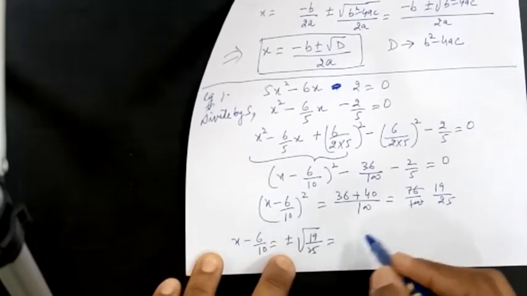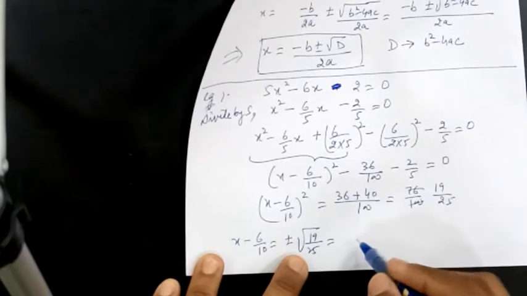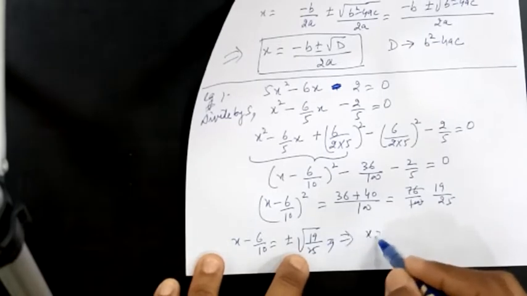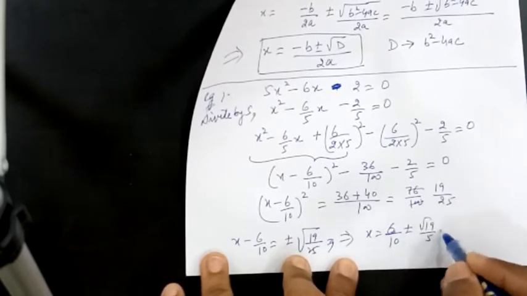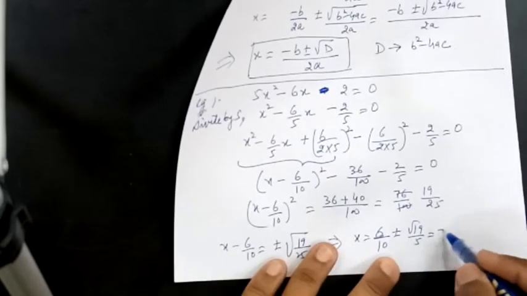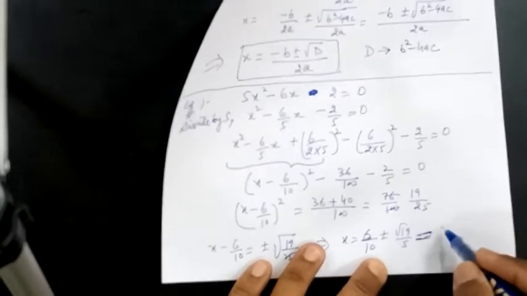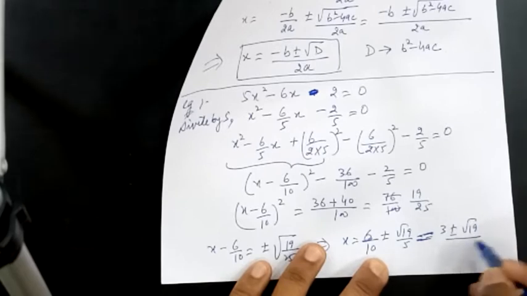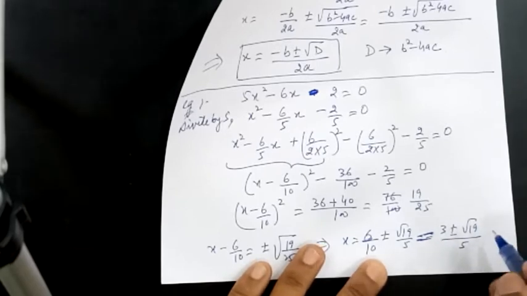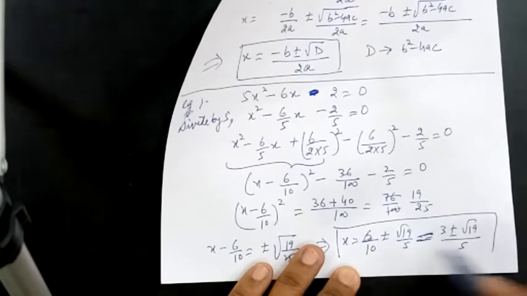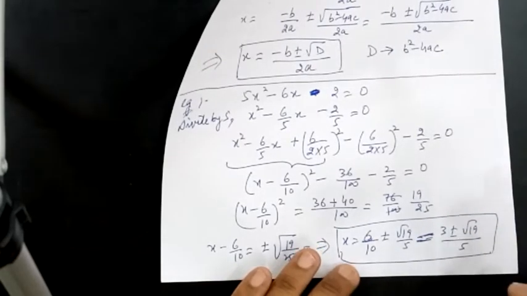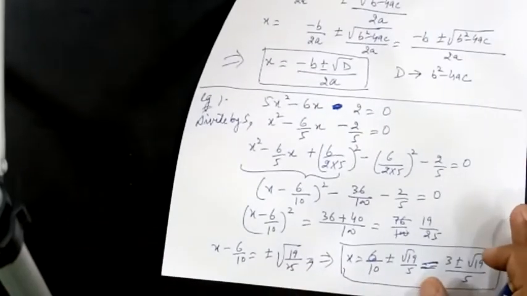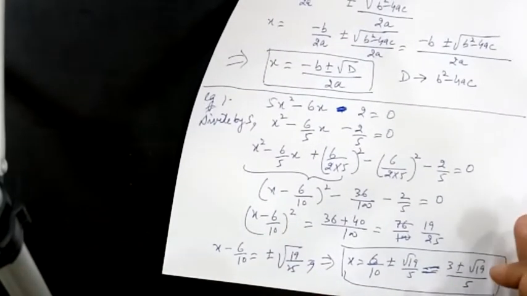That is, x will be equal to 6 by 10 plus minus root 19 by 5, or you can say 3 plus minus root 19 upon 5. So you get two values of x. It's very simple, 3 plus minus root 19 upon 5. I hope you are getting my point.